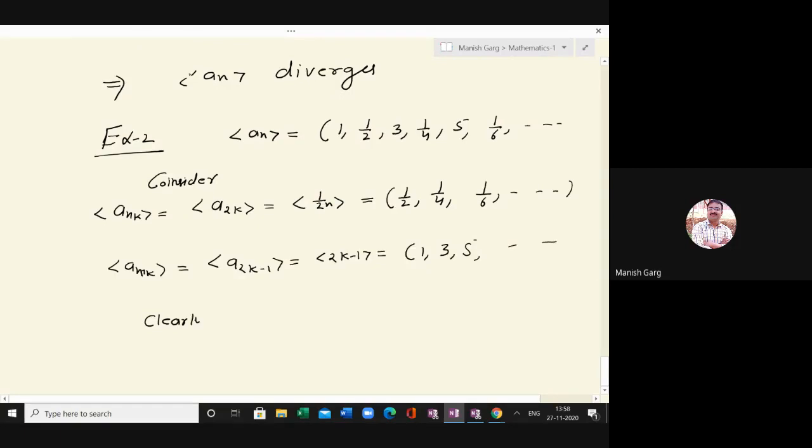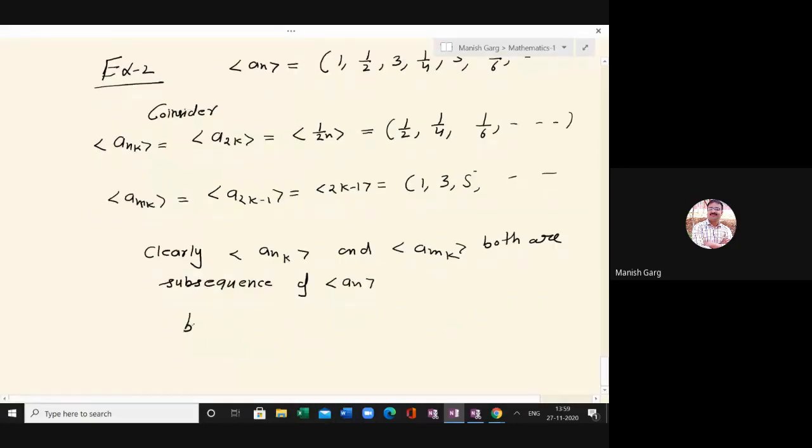Clearly, a_{n_k} and a_{m_k} both are subsequences of a_n. But a_{n_k} converges to 0, but a_{m_k} does not converge.